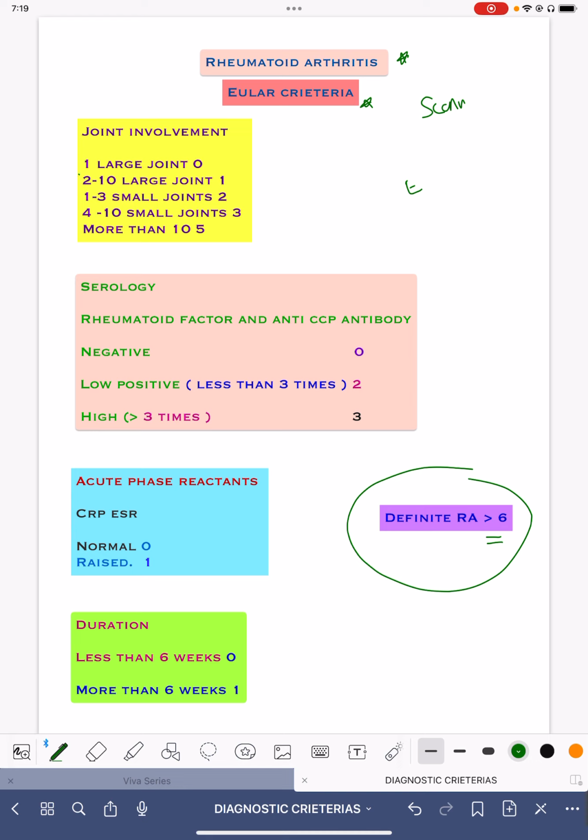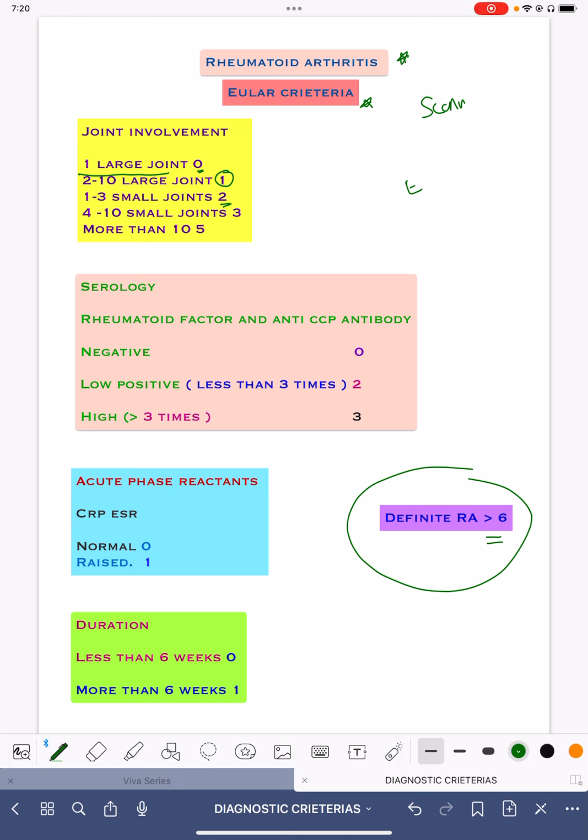If there is only one large joint involvement, we give a score of 0. If there is involvement of 2 to 10 joints of the body, primarily the large joints, we give a score of 1. If the patient has involvement of 1 to 3 small joints, we give a score of 2.